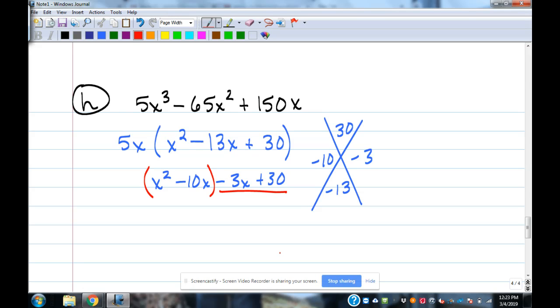Group. The first half, what do they have in common? Can't have a 2. This doesn't have a number in front of it. It's just x. What's it leave in the parentheses? X minus 10. Now, what do these two have in common?